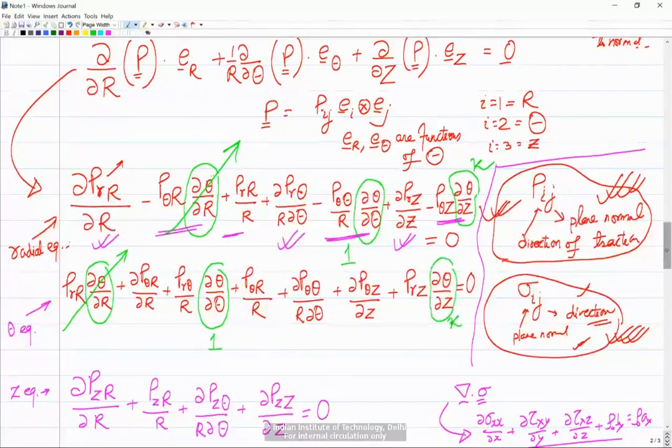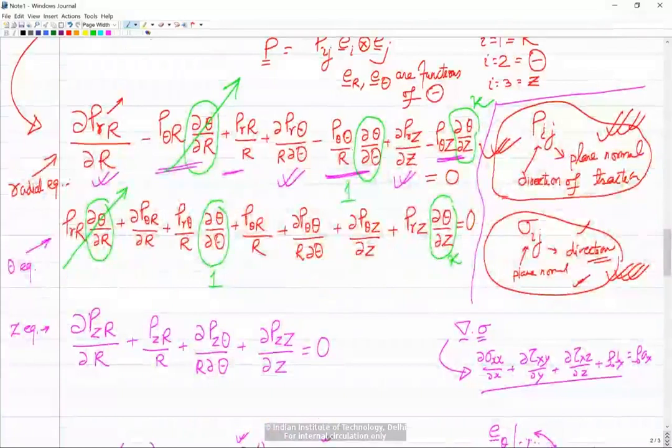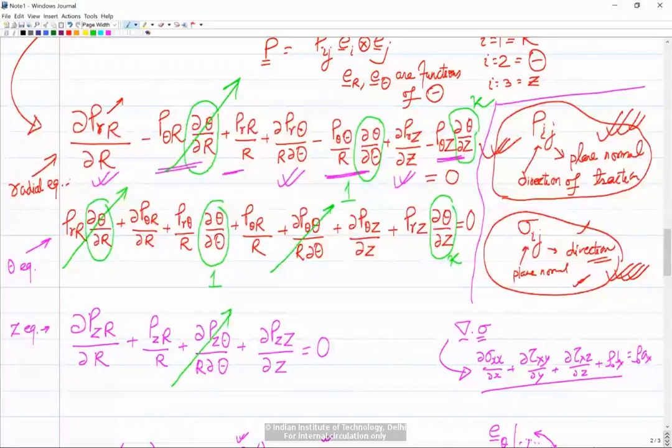Okay, then coming to the Z equation, there are no such derivatives, but then we think of axisymmetry now. What do axisymmetry and axial homogeneity mean? That the stress components will not be functions of either big theta or big Z, isn't it? Because of axisymmetry, there will be no dependence on big theta, so all the derivatives with respect to big theta are going to vanish. Wherever you see big theta derivatives, they have to be 0.